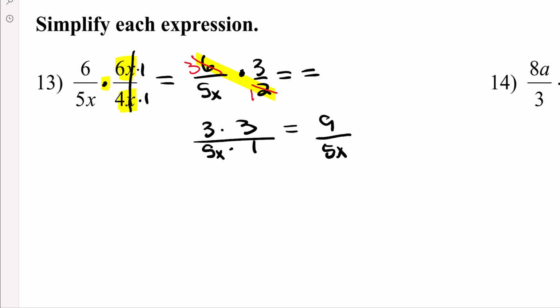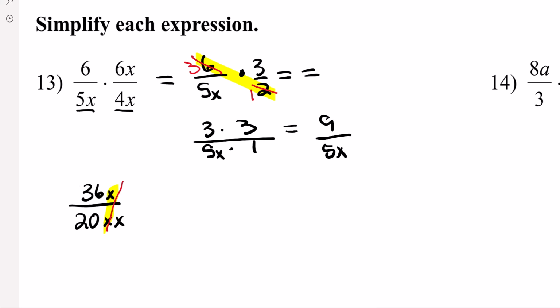For those of you that prefer simplifying at the end, look at what we could have done. We could have done it this way. 6 times 6x is 36x. In the denominator, 5x times 4x is 20x times x. Well, look at what happens. One of those x's cancels.